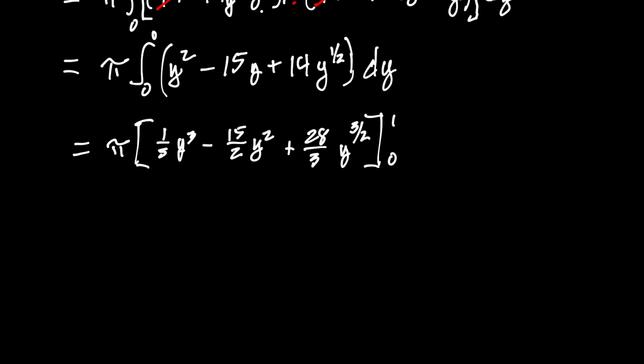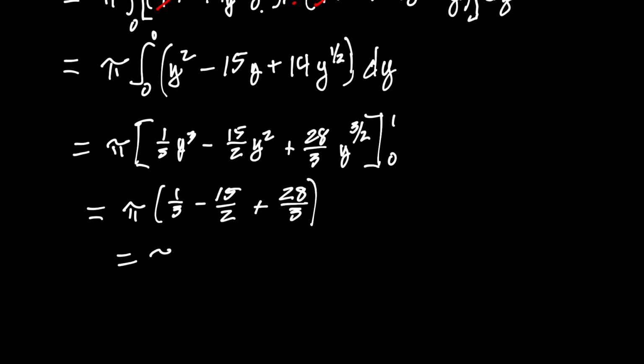Now, same as before, this 0 works out nicely, because 0 minus 0 plus 0 doesn't have any effect on the problem. So we're just going to focus on the 1. So I have pi times 1/3 times 1 minus 15/2 times 1 plus 28 thirds times 1. All I need is a common denominator, which would be 6.